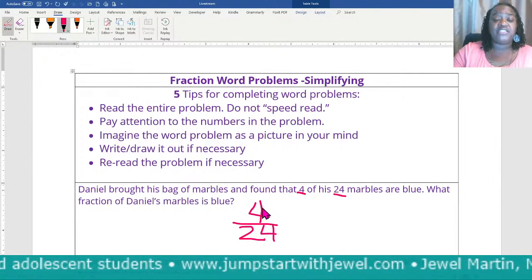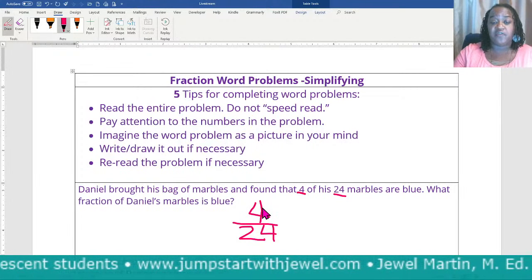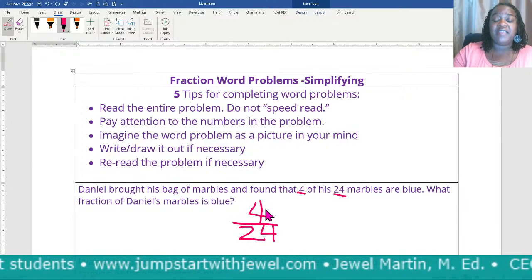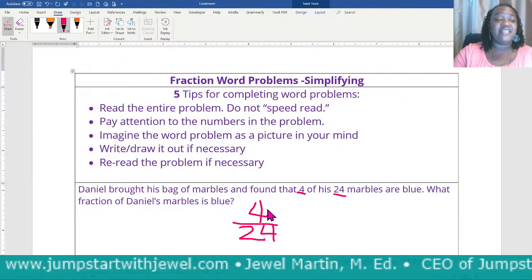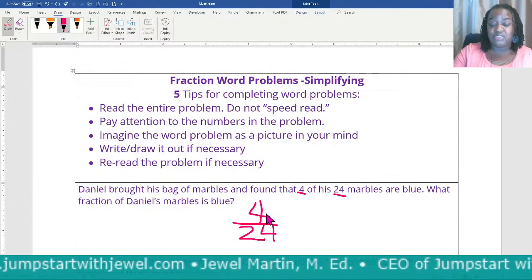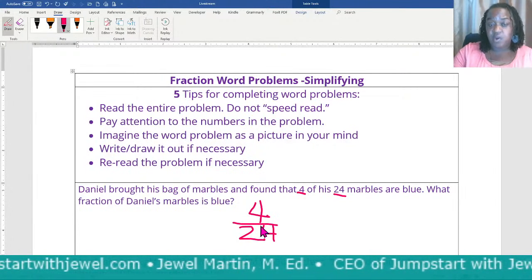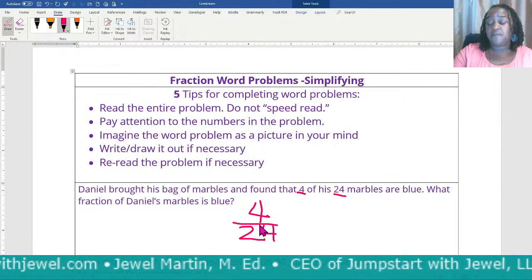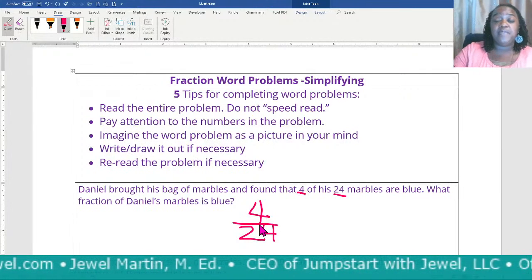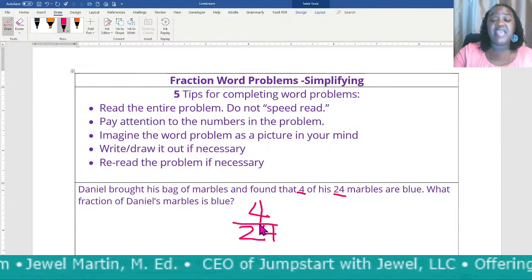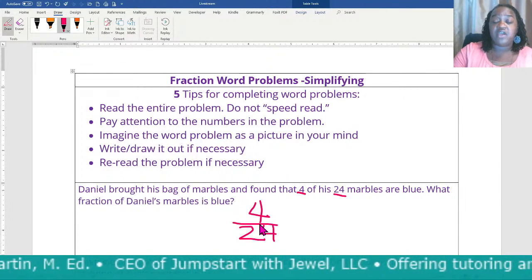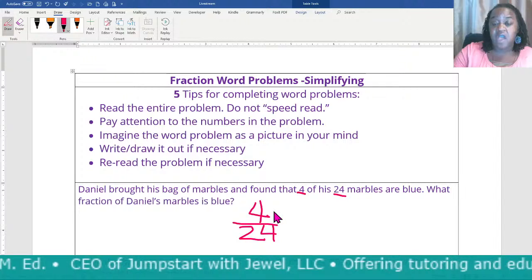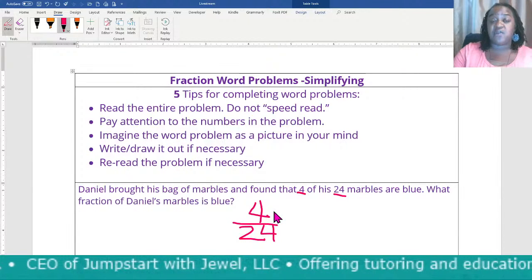When you look at a fraction like this, and this should be when you look at all of your fractions, you need to see, can it be simplified? Can this number be reduced? 4 out of 24. Can this be reduced? It can. Fractions can be reduced or simplified if they have a common factor, a greatest common factor, a GCF, if you've ever heard of that.